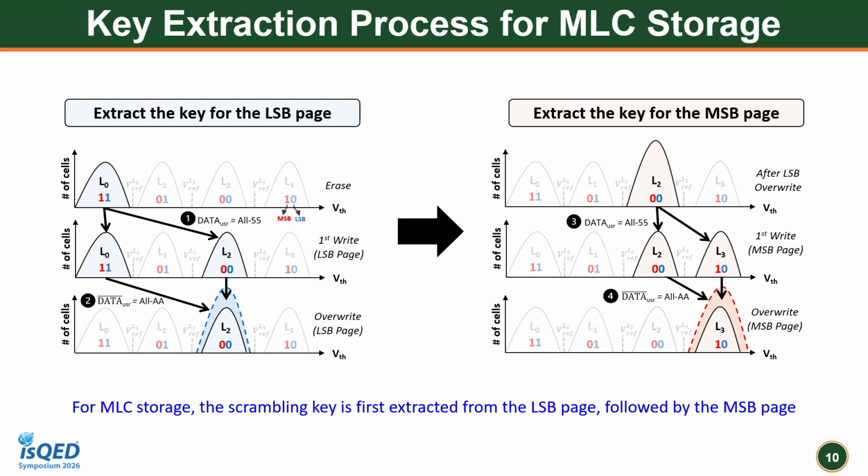You can see here that in L3 the MSB logical bit value is 1, which means when we read out the page value without the scrambling key, you will see all 1 patterns.